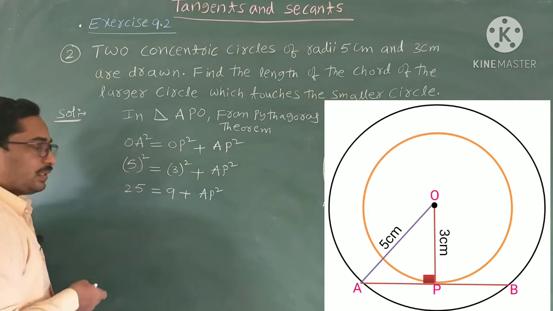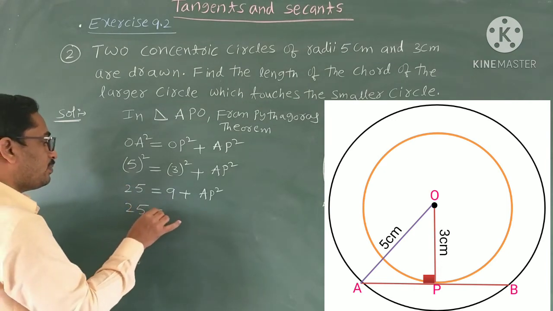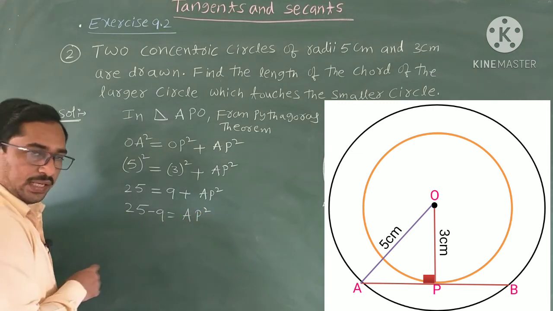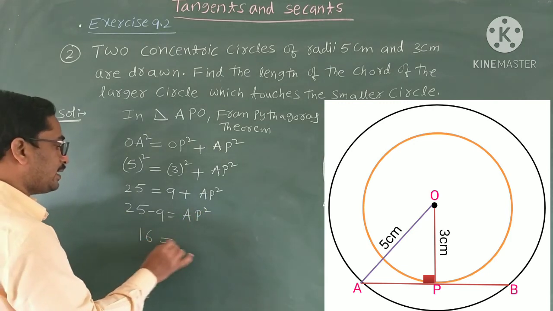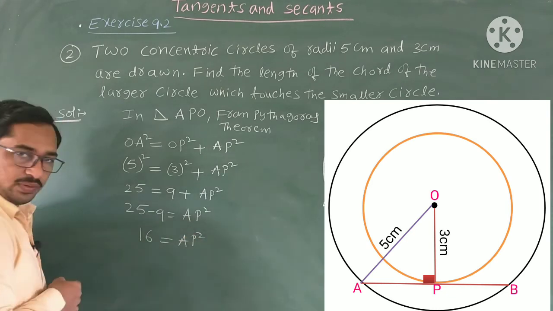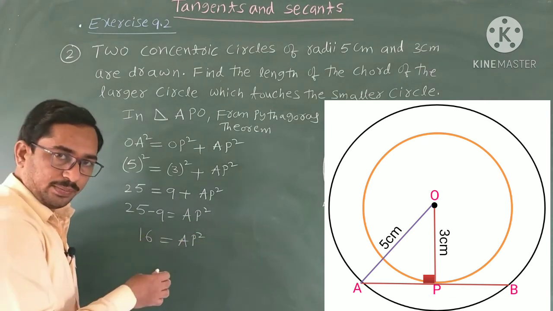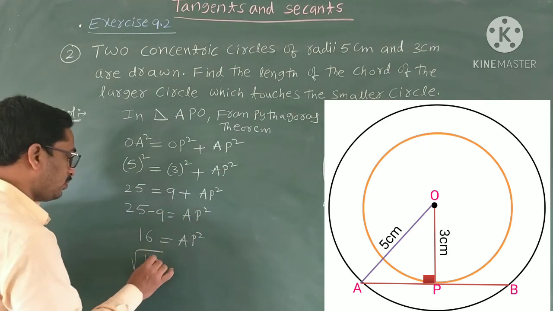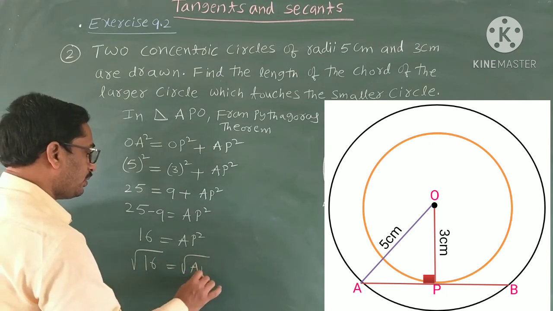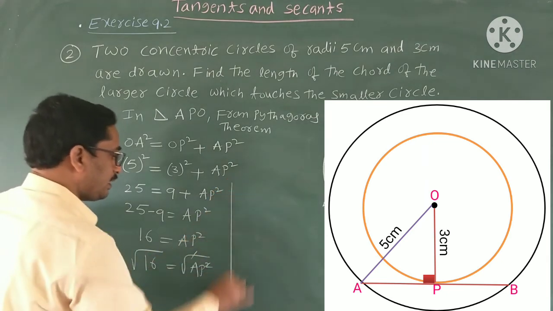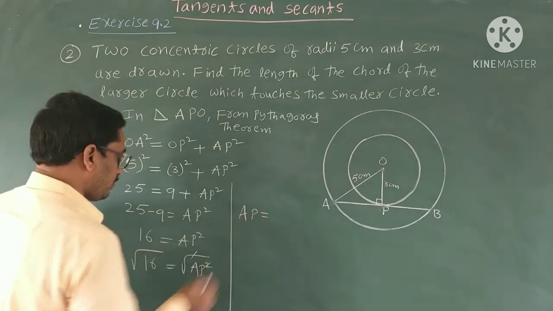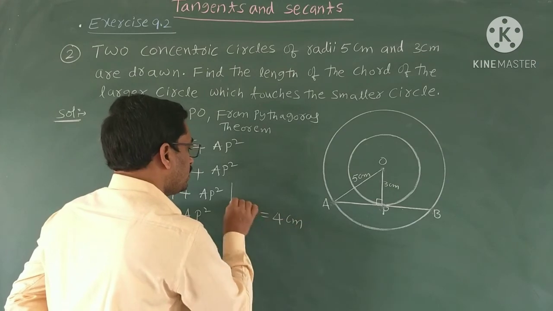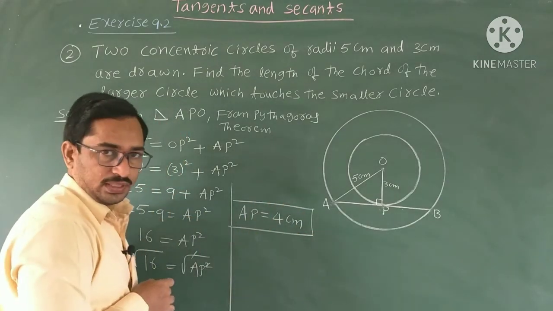Bring 9 to the left side: 25 minus 9 equals AP squared. 25 minus 9 is 16, equal to AP squared. To find AP, apply the square root on both sides. Root 16 equals root AP squared. The square root cancels, so AP equals root 16, which is 4 centimeters.